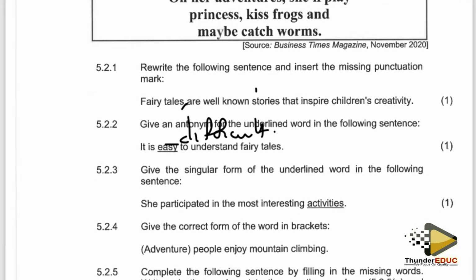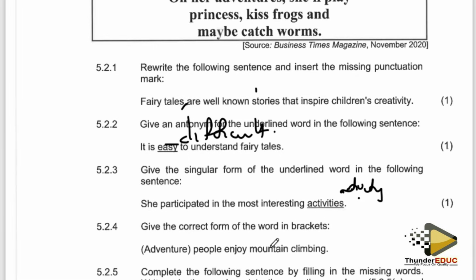And then give the singular form of the underlined word in the following sentences. She participated in the most interesting activities. Right, they want you to give the singular. Right, activity. It becomes activity. That's our singular form.